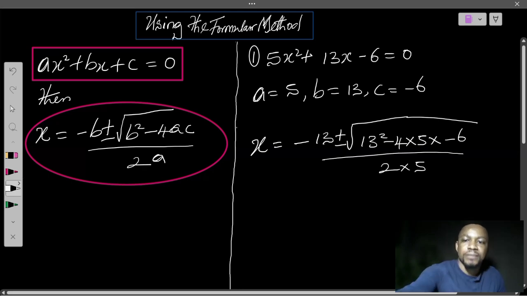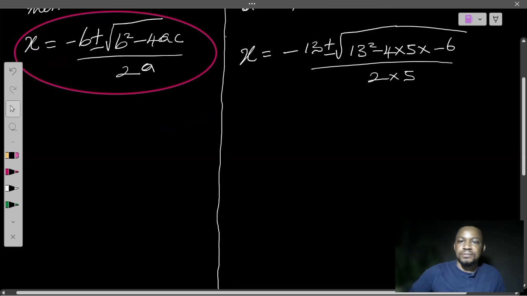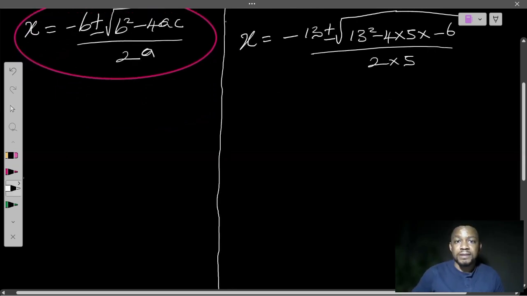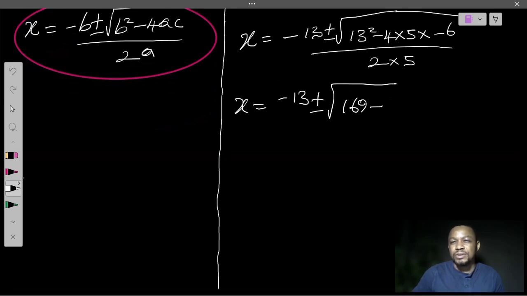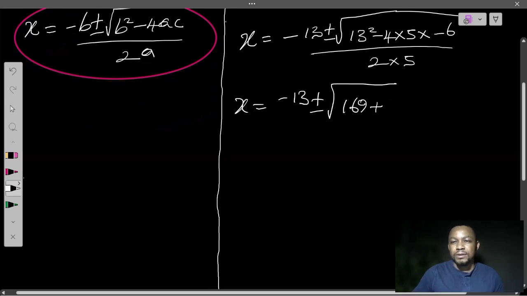So we just simplify and have x equals minus 13 plus or minus the root of 169, that is 13², minus 4 times 5 becomes 20, times 6 becomes 120, but because we have two minuses, it's going to give us a plus 120, all over 10. So this becomes minus 13 plus or minus the root of 169 plus 120, which is going to give us 289, all over 10.